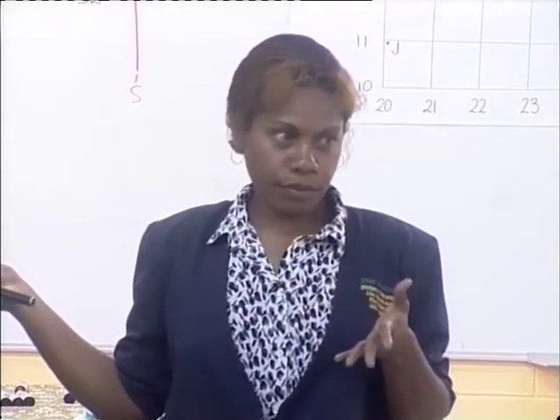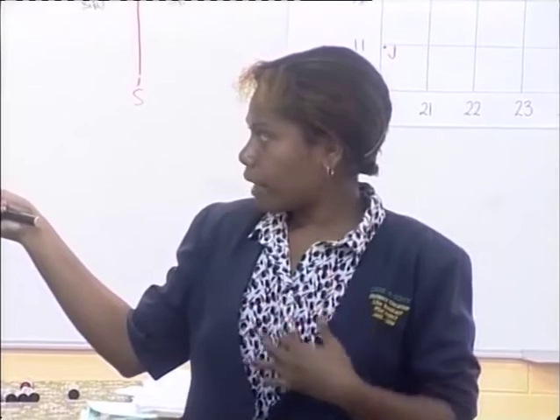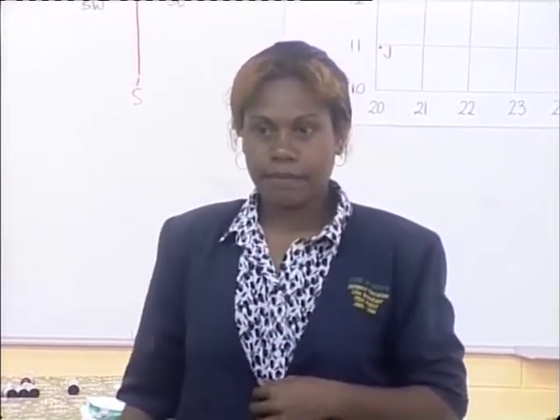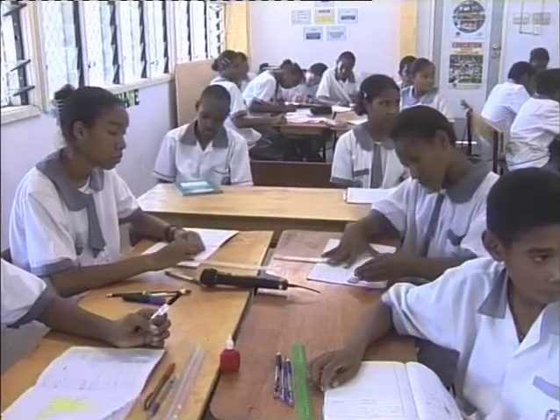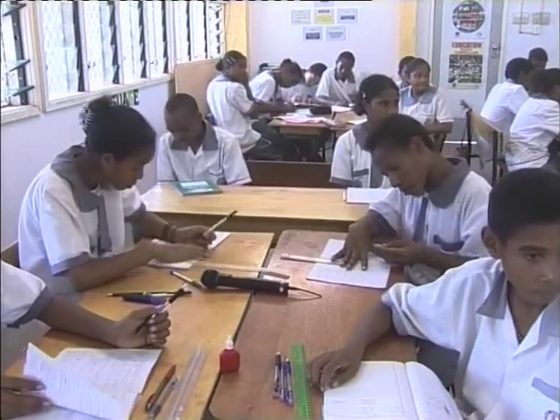What is this grid made up of? You look carefully at the lines. If you look at the lines, you can tell us what it's made up of. Let's have Umba.